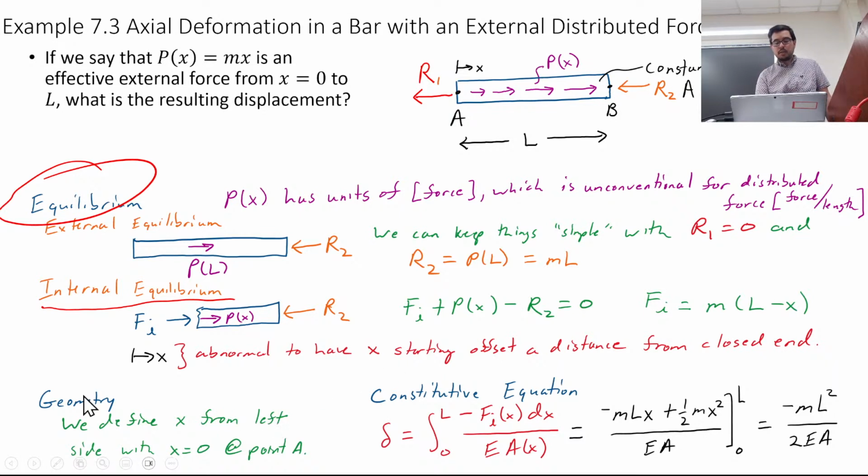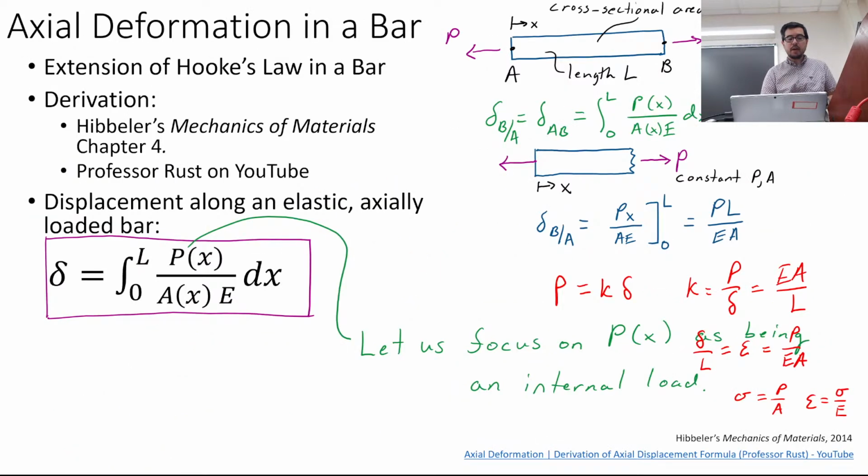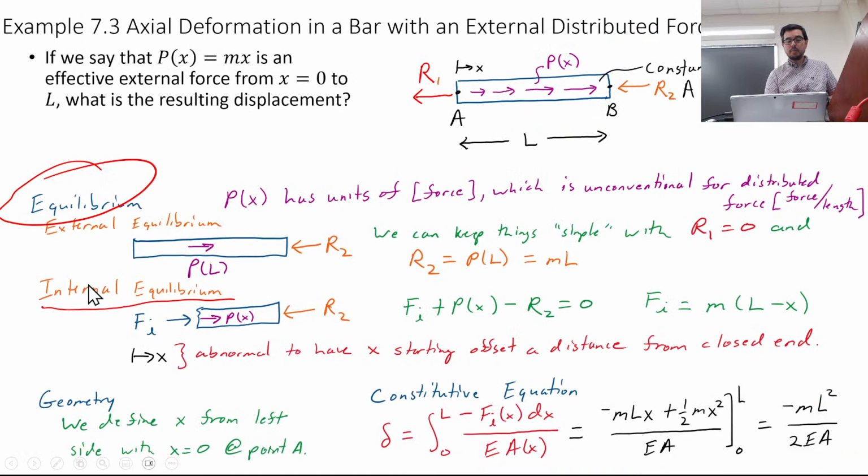So we come back to the equation that was defined here for displacement. And we say, I'm going to plug in my internal force now, Fi. And when I do that and I do the integration, I get the following expression.